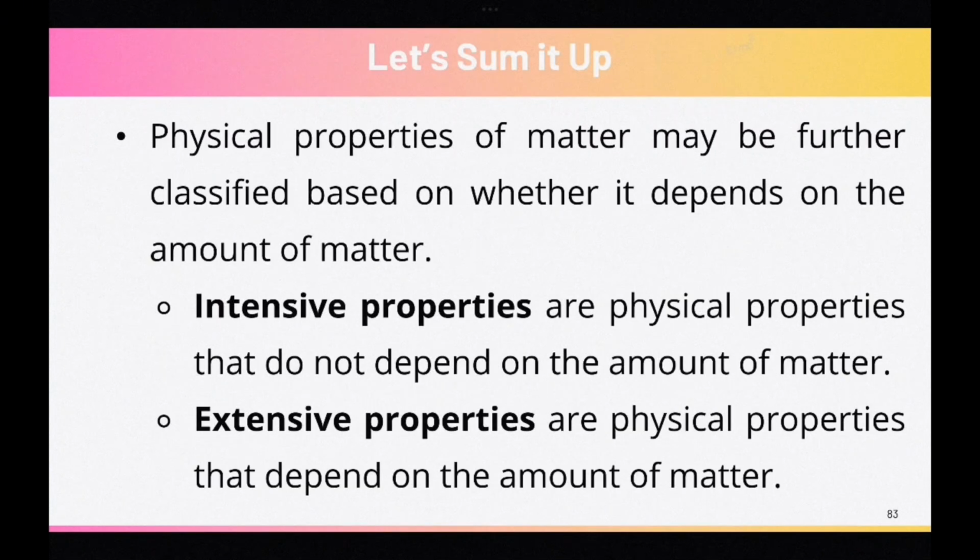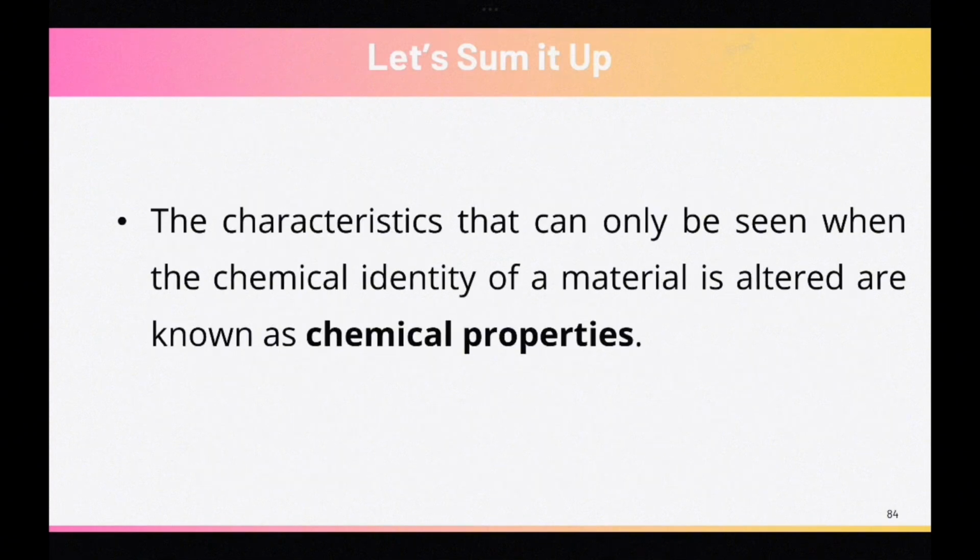Under the physical properties, they are classified as either intensive properties, which do not depend on the amount of matter, or extensive properties, which depend on the amount of matter. The characteristics that can only be seen when the chemical identity of a material is altered are known as chemical properties.